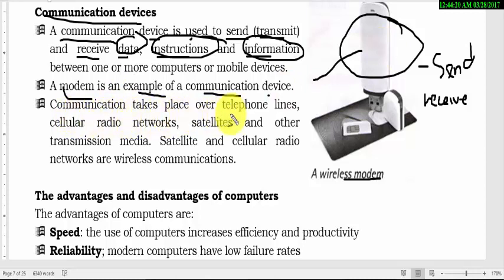Communication takes place over telephone lines. So how do we communicate? We either use telephone lines, cellular radio networks, that is cell phones or mobile phones, satellite, and other transmission media.